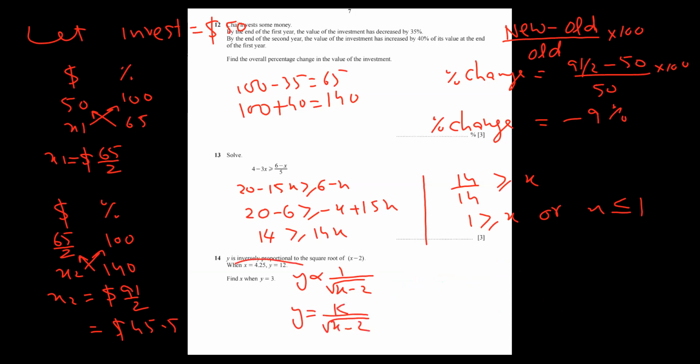And I'm going to plug in the upper value. When I plug in the upper value, I'm going to put here x value 4.25 and y value 12. When I plug in there, what happens? This 12 comes here, and this 4.25 goes in this x place.